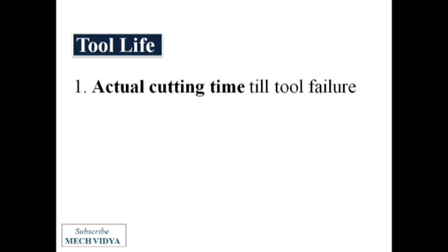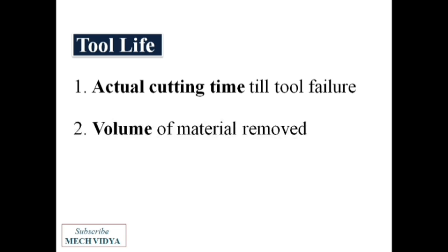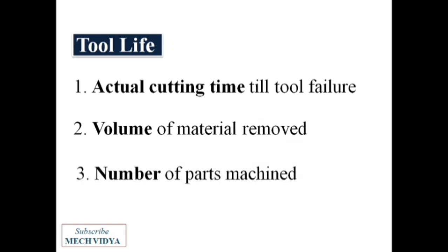First is the actual cutting time. It is nothing but the total time of machining performed by the tool in its entire lifespan. Next is the volume of material removed in its entire life. And the third criterion can be how many parts a tool can produce before it fails.